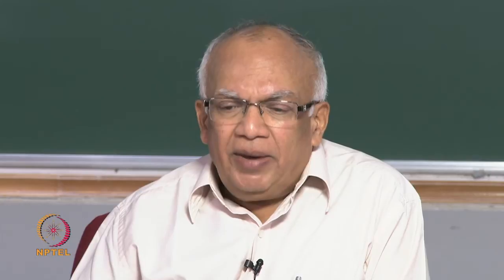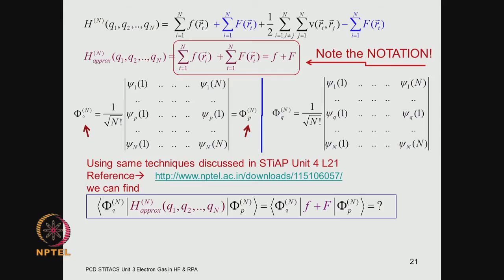Okay. So, if you now try to determine the matrix element of this approximate Hamiltonian, which is just the sum of the little f and the capital F, what is this matrix element? So, let us ask that question. What is the matrix element of the approximate Hamiltonian, which is the sum of the first two terms, in the Slater determinants phi p and phi q?